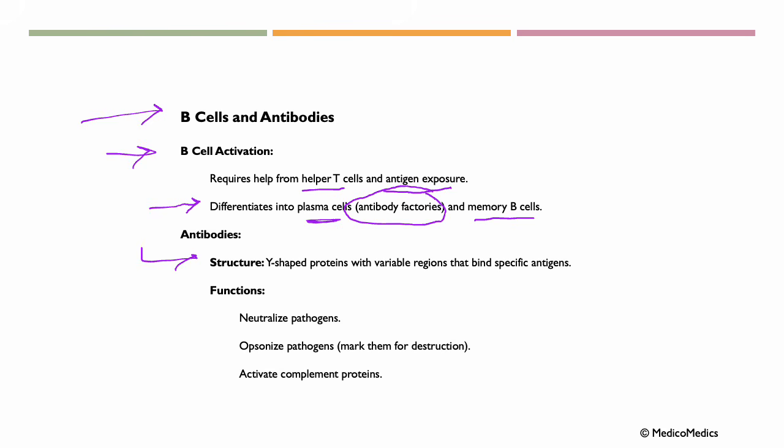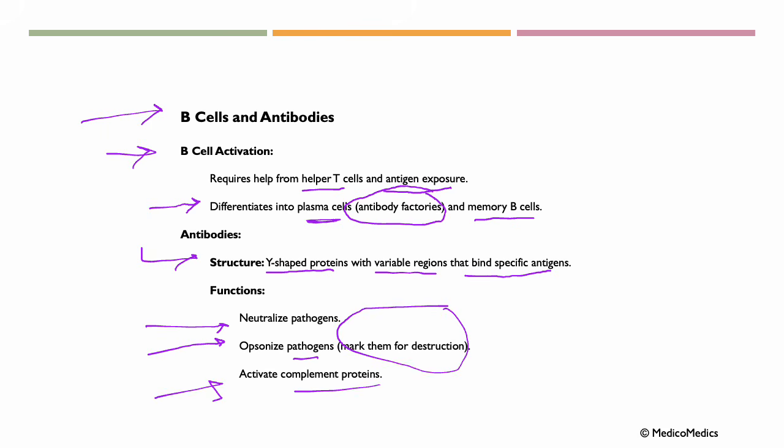So antibodies have a Y-shaped structure, and it's a protein with variable regions that bind specific antigens. Functions here include neutralizing pathogens, opsonize pathogens, meaning marking them for destruction, and activate complement proteins.